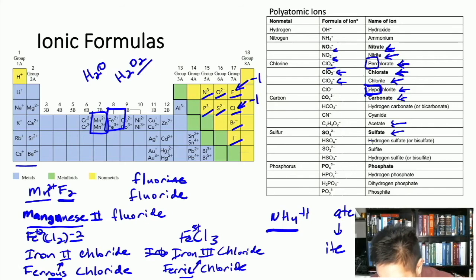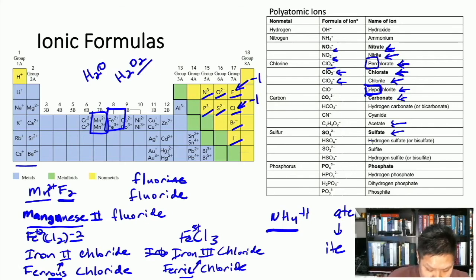So let's see here, and then the other thing to notice about the polyatomics is that there are a couple that don't follow the rule, like these two, which we already talked about. Well, this one anyway, ammonium. The ammonium is special because it's actually a positive one charge. It's the only one that's not a negatively charged polyatomic.